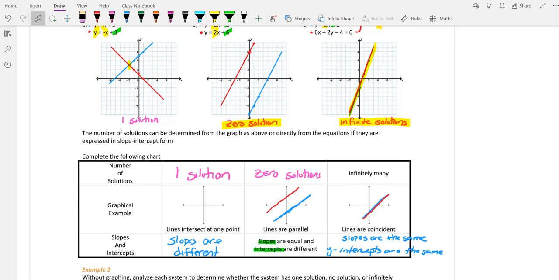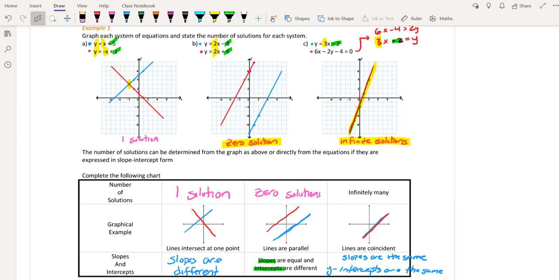So in this situation, as long as the slopes are different, we will have a solution. The y-intercept doesn't really matter. They can share the same y-intercept. In this particular case, they are different, but the y-intercept could be the same. That means they just cross at the y-axis at the exact same point. But as long as the slopes are different, that means they're growing at different rates, and eventually they will cross each other.